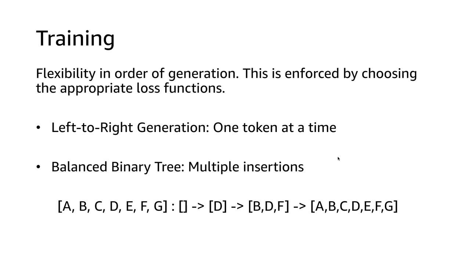Let's talk about training now. There are three ways in which we can generate these orderings. The main thing that the insertion transformer introduces is the flexibility of having orderings which are different from a left to right ordering.